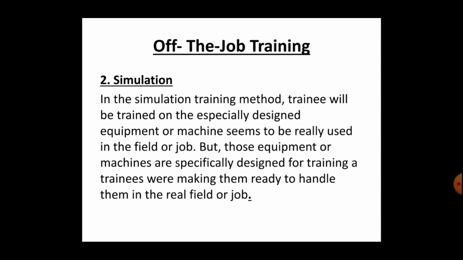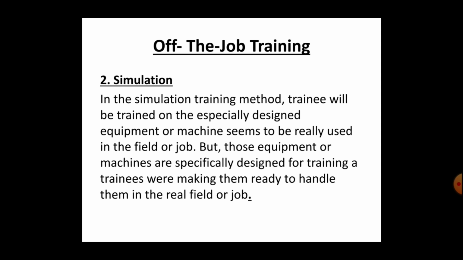Another type of off the job training is simulation. Simulation is creating a computer version of real life. Simulation is about imitating or making judgment or presenting how events might occur in a real situation.